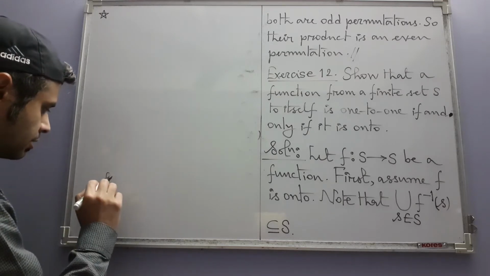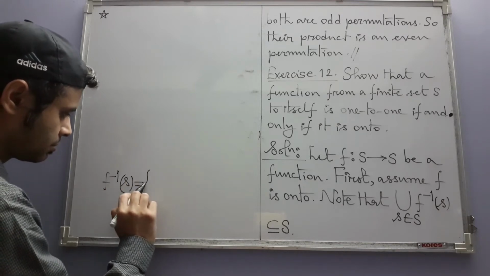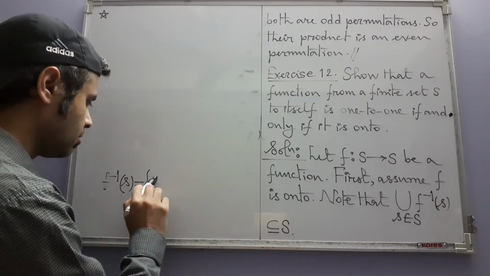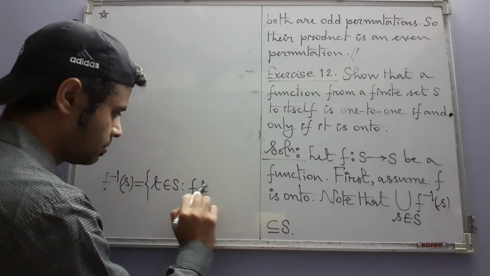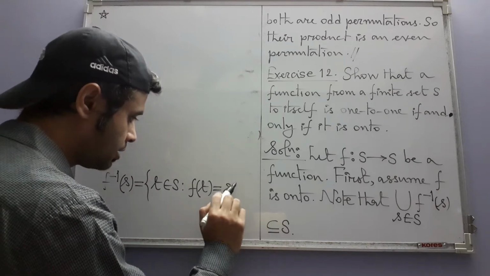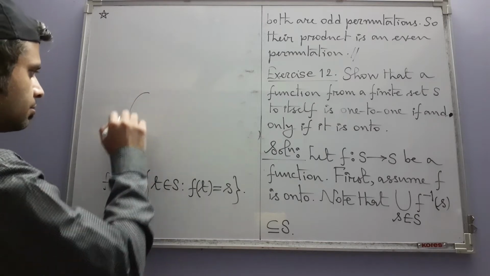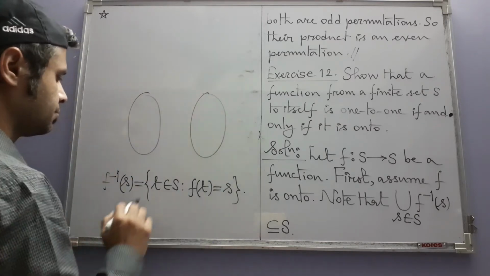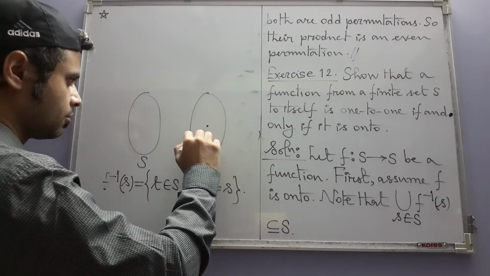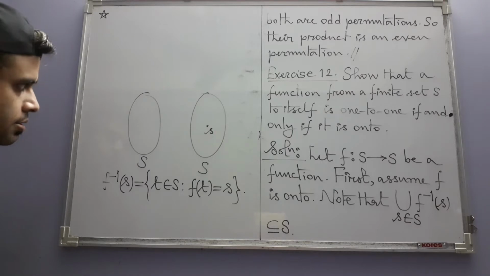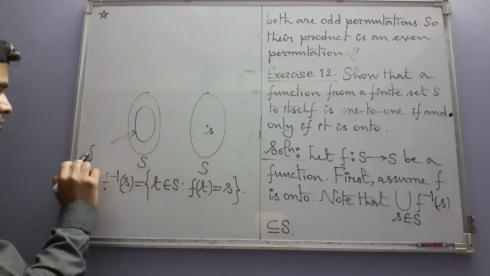F inverse of S is this by definition. It is the set of all elements T in S whose F images are equal to s. If you draw that function diagram, this is your S, this is your small s, then this is your F inverse of s.